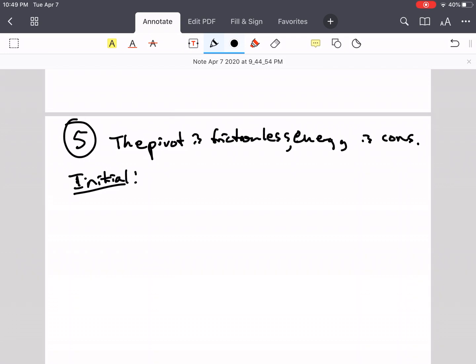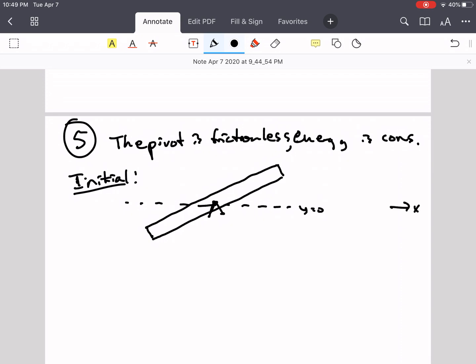All right, so initially, my seesaw looks like this. The pivot is halfway along, and I'm going to call the pivot point y equals 0. The lever itself has its center of mass right at the pivot point, so we're not going to have to care too much about the lever's gravitational potential energy, because that's not going to change.